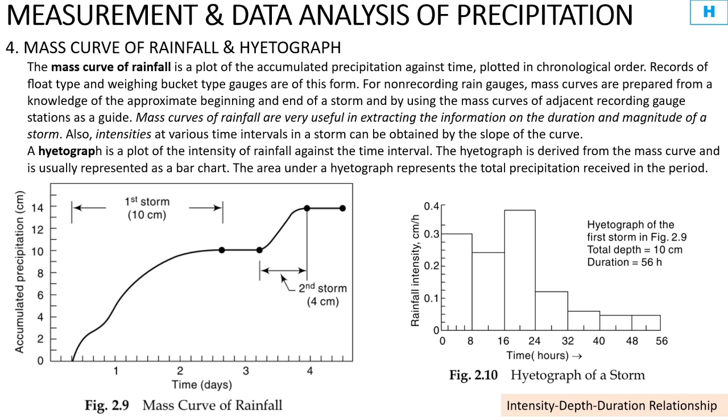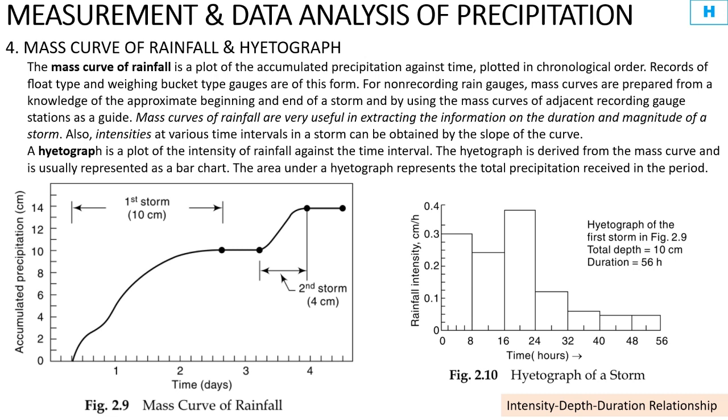So, ibig sabihin, kung sa day 1, meron ka ng how much? Tentatively, may 5 cm rainfall ka. And then, tuloy-tuloy pa din yung ulan. So, nag-day 2 na, umuulan pa rin, na-store na yung precipitation. Nag-accumulate na, tumaas na yung precipitation, napunta na siya, tentatively, say, kunwari 10. Nasa 10 cm na yung precipitation.